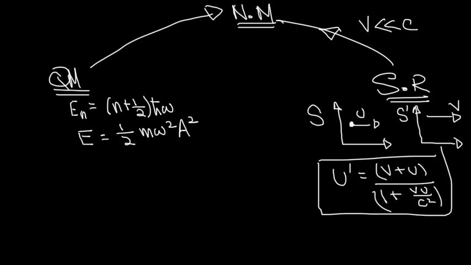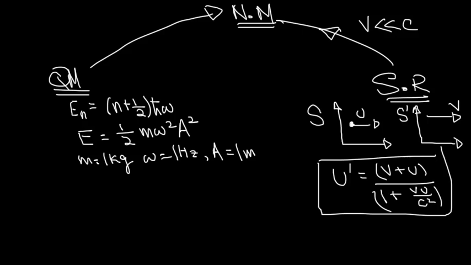Let's say that you have a mass of 1 kilogram, you have omega frequency as 1 hertz, and your amplitude is, let's say again, 1 meter. So we are talking about unit, right?